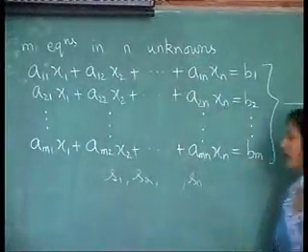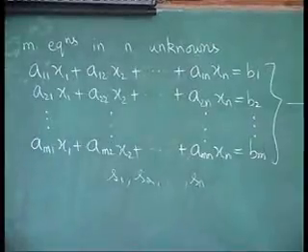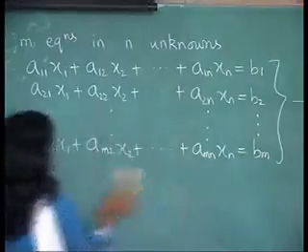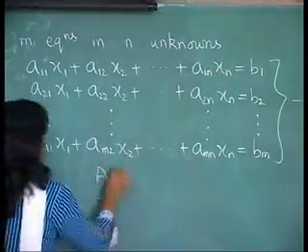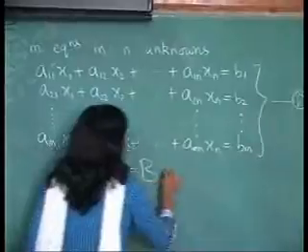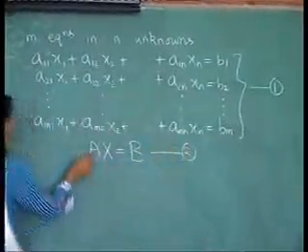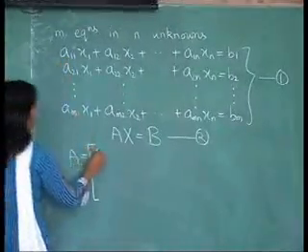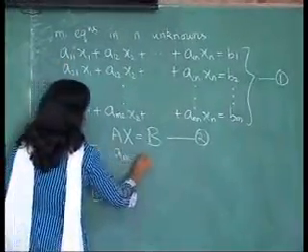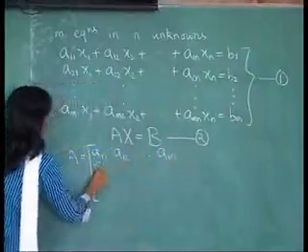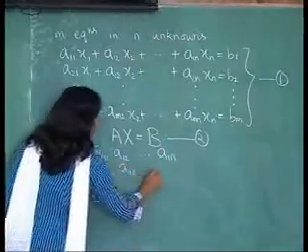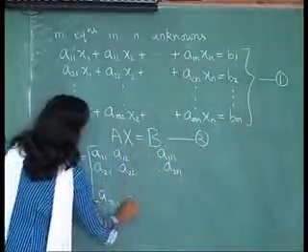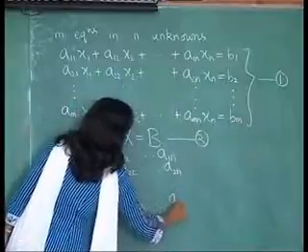Now there is a very convenient way of representing these equations, and that is using matrices. So in matrix form, the same information can be conveyed as Ax equal to B, where A stands for the coefficient matrix, which will be a11, a12, ..., a1n, a21, a22, ..., a2n, up to am1, am2, ..., amn.